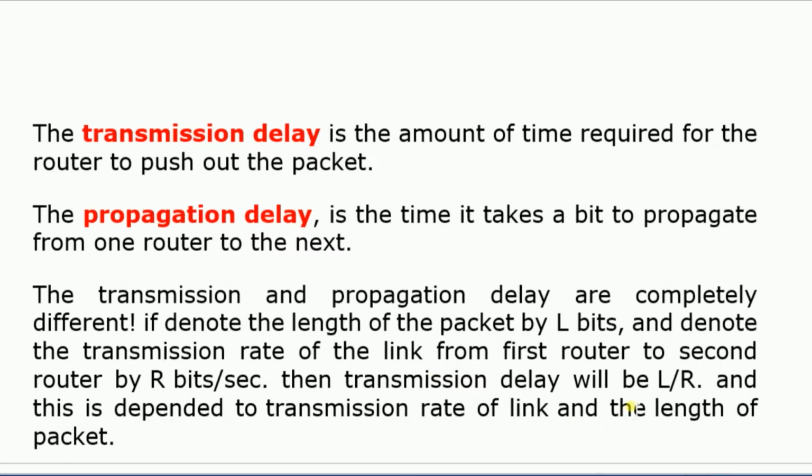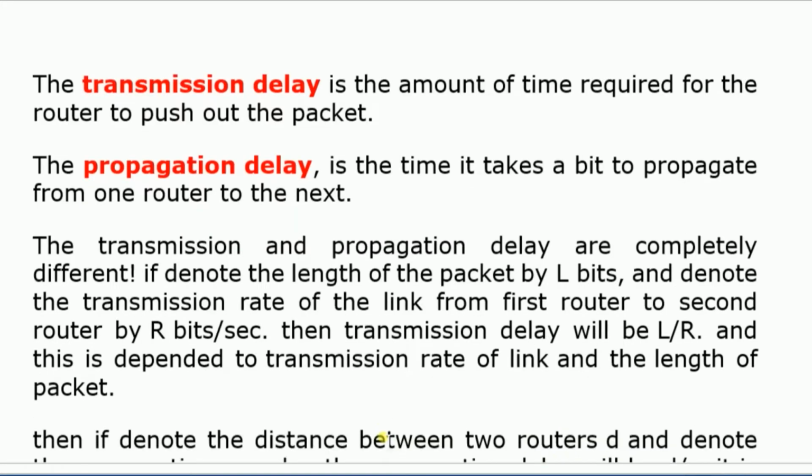Then transmission delay will be L by R. This is dependent on the transmission rate of the link and the length of the packet. That means it depends upon the station to station transmission link, and also upon how fast it propagates.